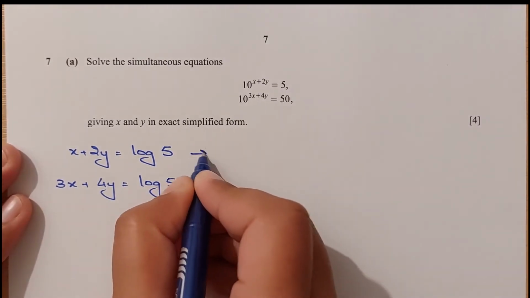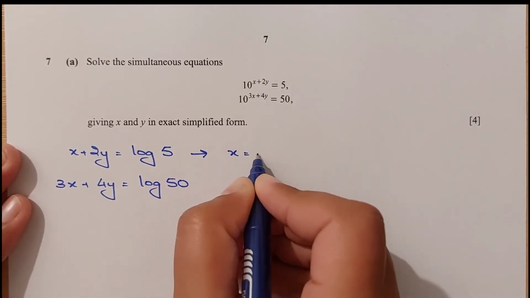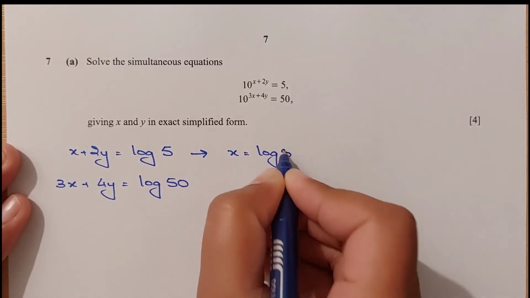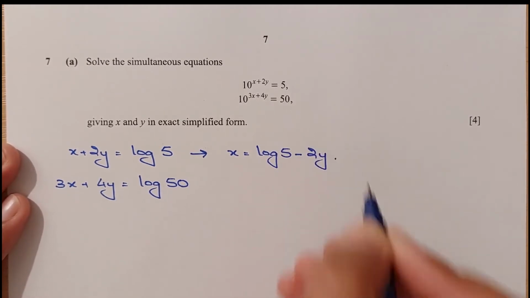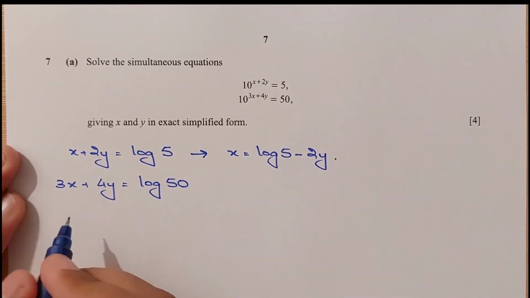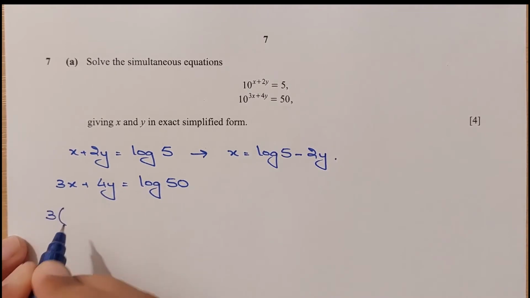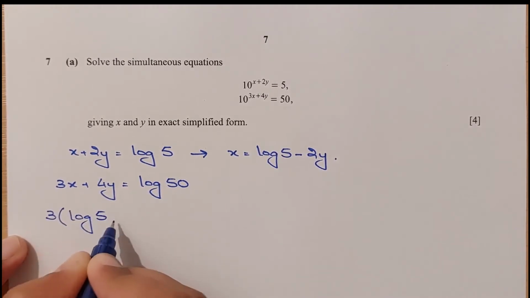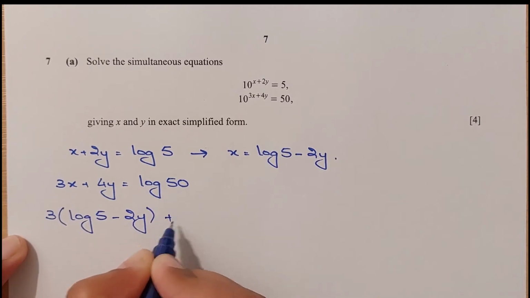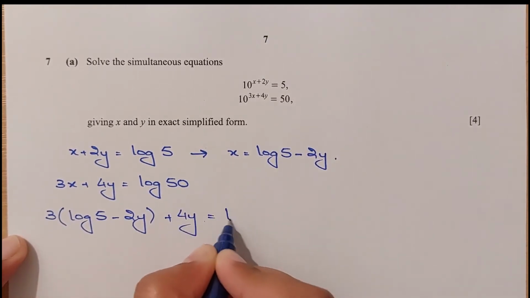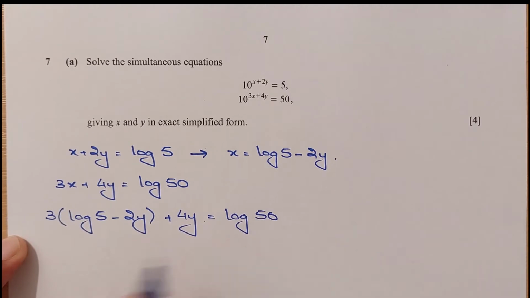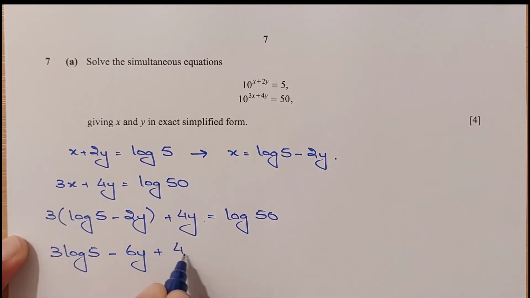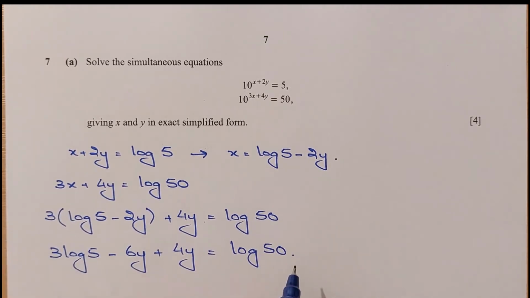So this is my equation 1. So from here we can say x equals log 5 minus 2y. Right, let me substitute this x over here. So we have 3 times x value, log 5 minus 2y, plus 4y equals log 50. So 3 log 5 minus 6y, 3 times 2, plus 4y equals log 50. Right.